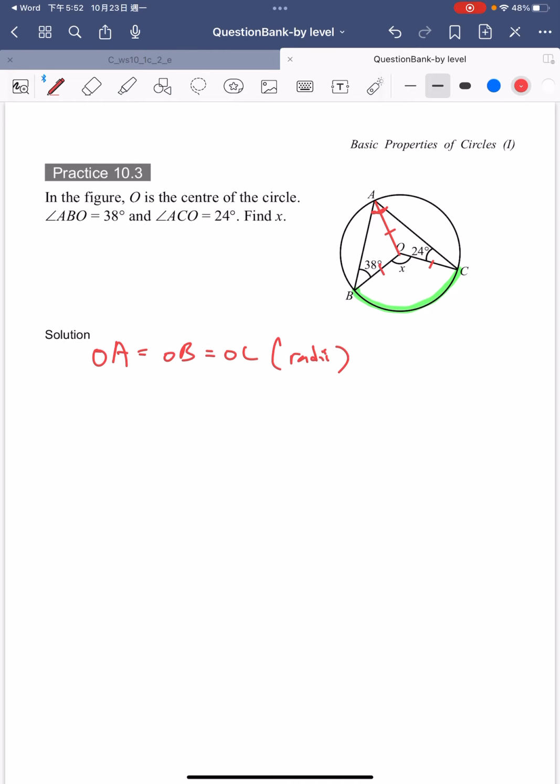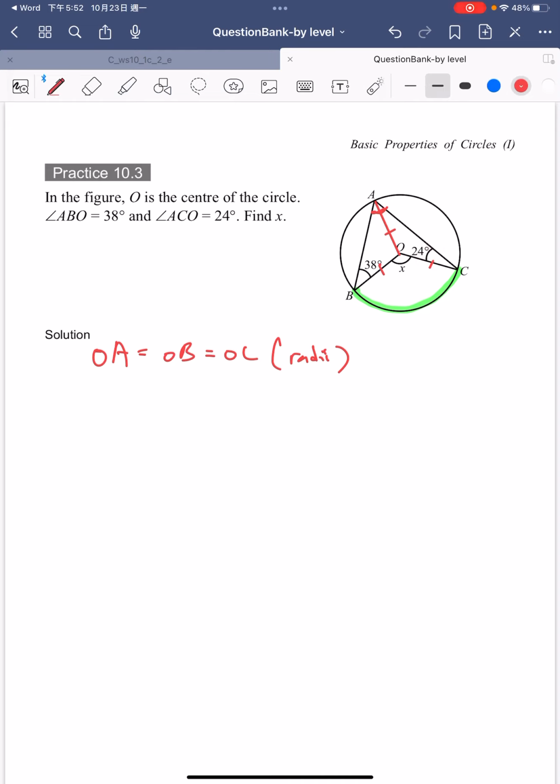So then we can say that this triangle and this triangle are isosceles triangles, together with the base angles being the same. If this is 38, then the angle BAO is 38 as well. If this is 24, then the angle CAO is 24 as well.